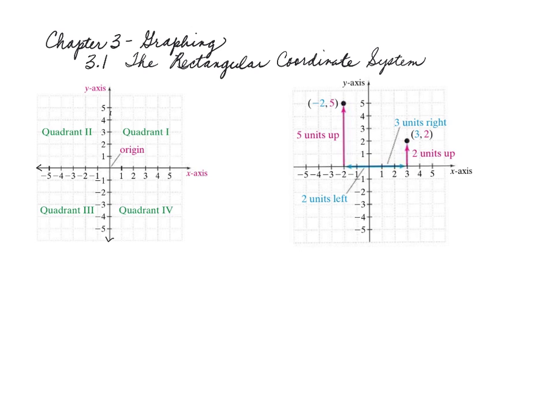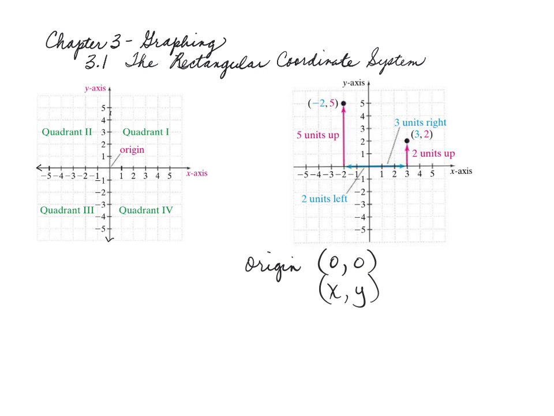The origin has a value of 0 on the x-axis and a value of 0 on the y-axis. So what that means is that the origin has a coordinate pair, an ordered pair of 0, 0, where the x value is always written first, the y value is always written second, separated by a comma. Okay, and the origin is 0, 0 on our coordinate system.